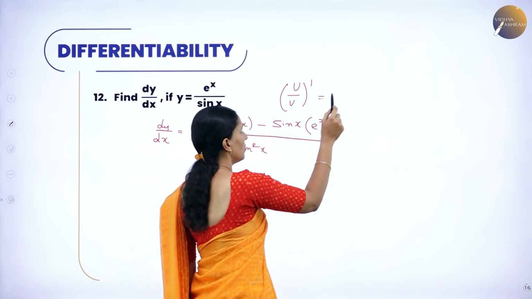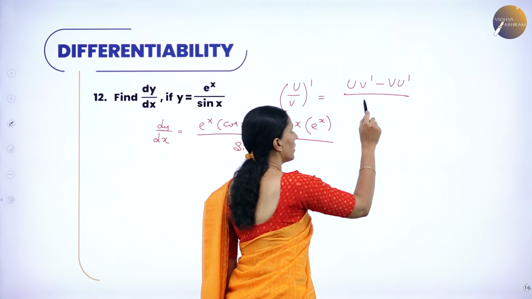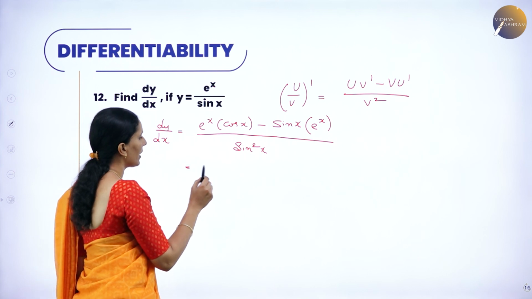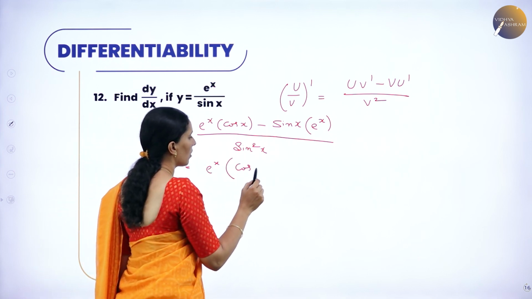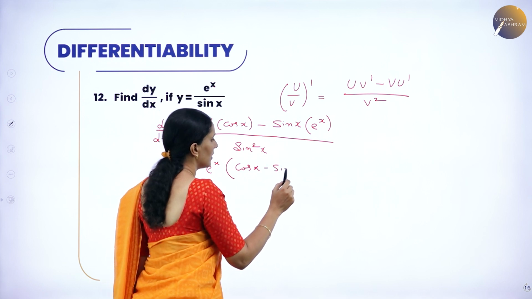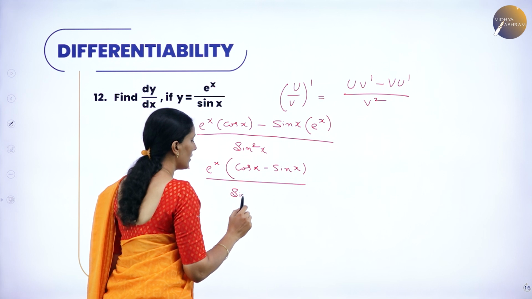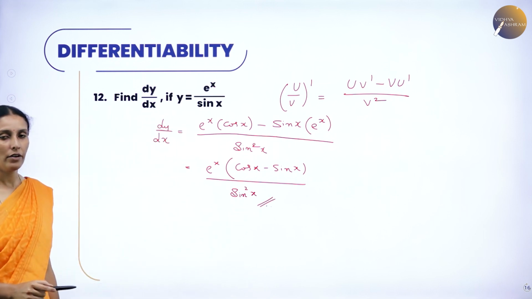So using this rule, that is vu dash minus uv dash divided by v square, the quotient rule, we can take e power x as a common factor. So we get here e power x into sin x minus cos x whole divided by sin square x. So this is the derivative of the given function.